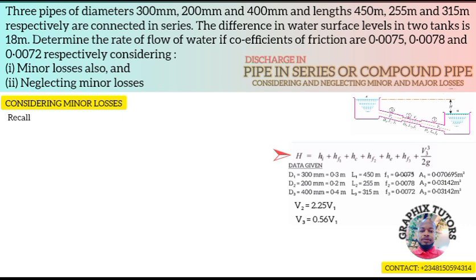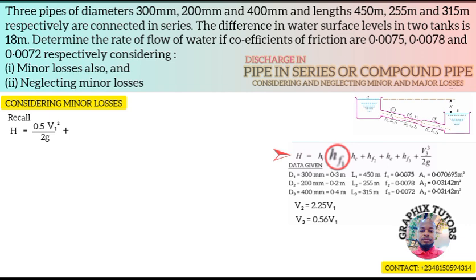So if we write this again, my H will be equal to my HI, which is the head loss at the entrance. Standard is giving us 0.5 V1 squared over 2g, plus, we know, the head loss due to friction is given by 4FLV squared all over D times 2g.